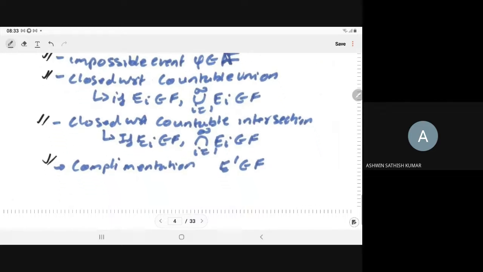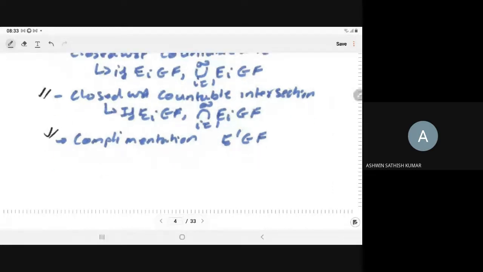Closed means if you take the intersection, the resultant should also belong to family F. If you take the union, the resultant should also belong to family F, and the complementation also belongs to family F.